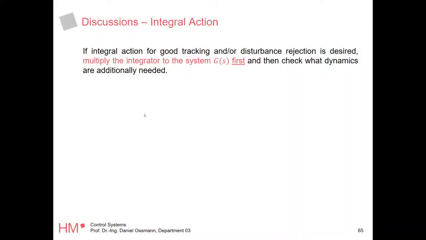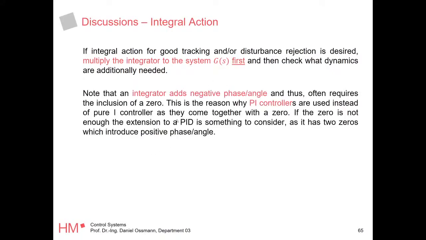Pure integrators are added in your controller for steady state accuracy. So it definitely makes sense to think about it at the beginning: do you need them or not? So put the integrators in first. As I said, they add negative phase or angle, whatever you want to call it. And this is why we are often using a PD controller.